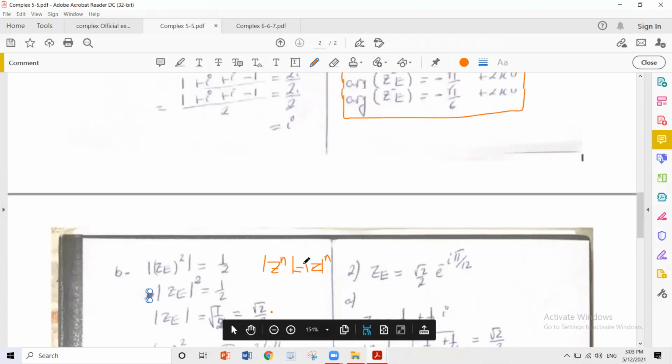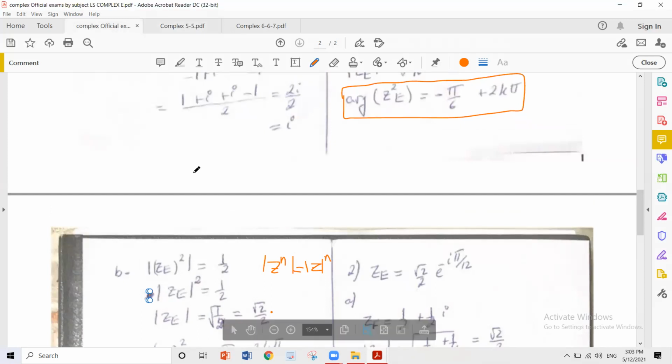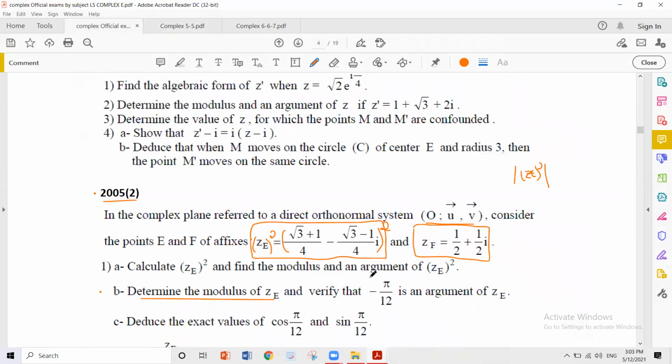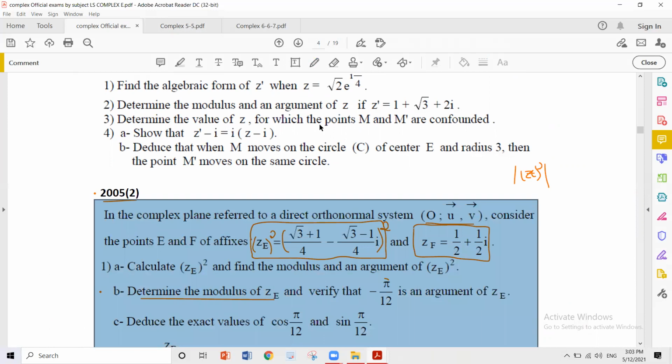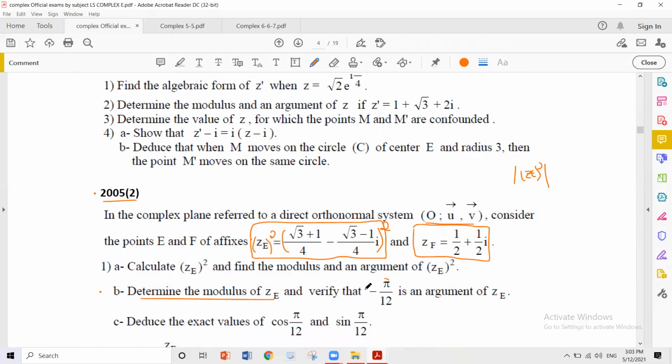Now how to calculate the argument of ZE, or how to show that an argument of ZE here is minus pi over 12? How to deduce that minus pi over 12 is an argument? The argument of ZE squared is minus pi over 6.